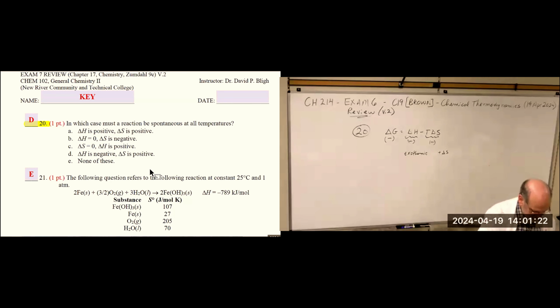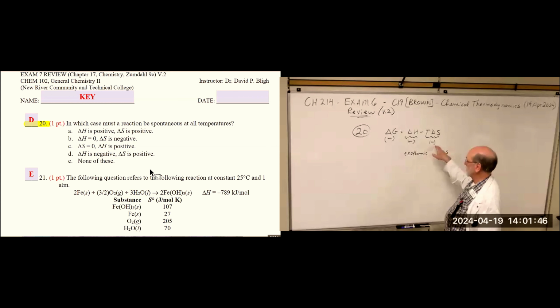Is that because the system gives up heat? No, I mean, we're working from the equation. We want to be sure it's spontaneous no matter what the temperature. The only way to do that is to guarantee that this one's negative and that one's negative.